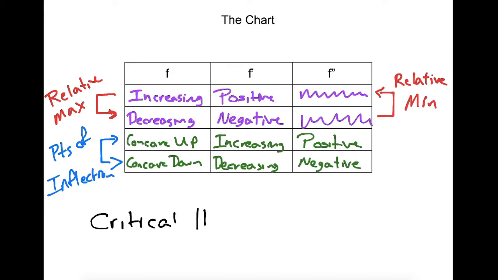Critical numbers are when f prime equals 0 or is undefined. That's what a critical number is. So if you're asked anything about critical numbers, that's what you're looking for.